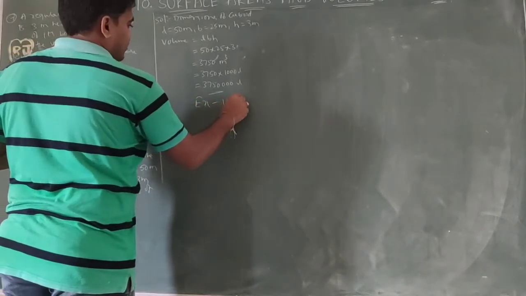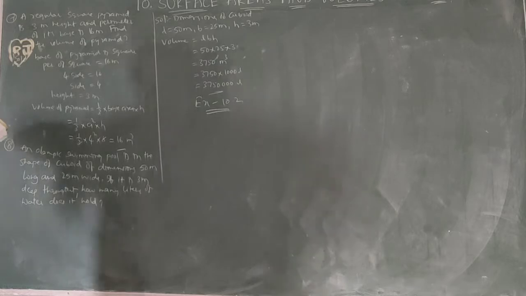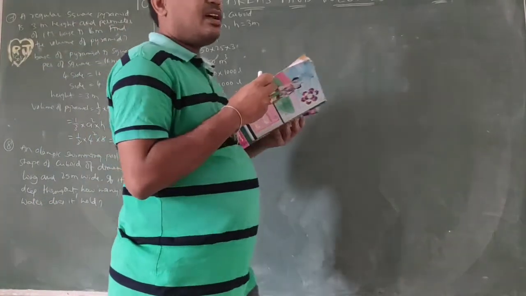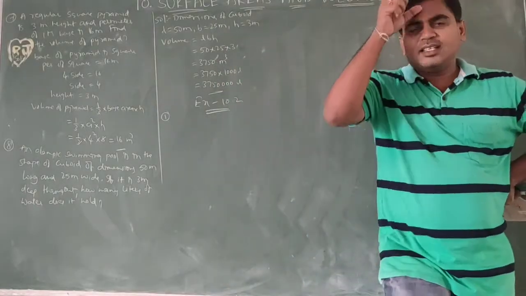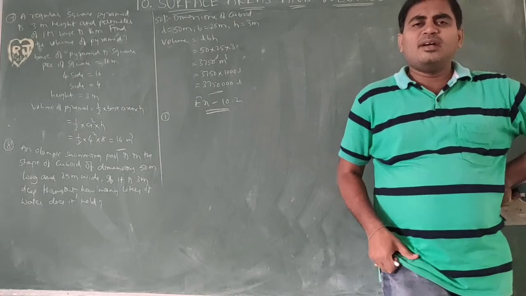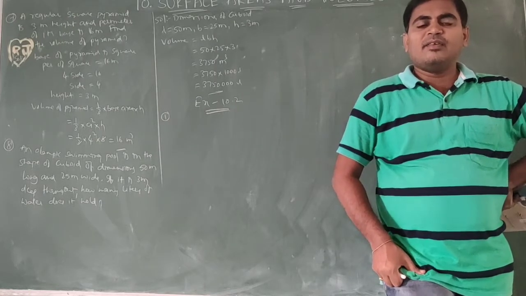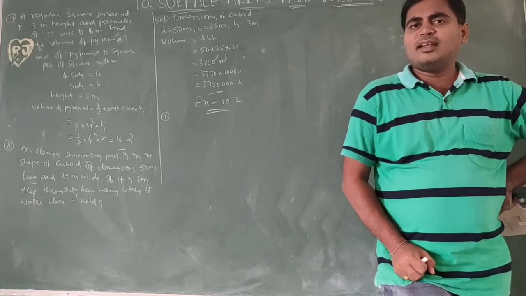Exercise 10.2. So in exercise 10.2, first question. All the problems in the first exercise were based on pyramid, triangle, cuboid, cube. In the second, we will discuss cylinder. We already discussed the formulas for the cylinder.